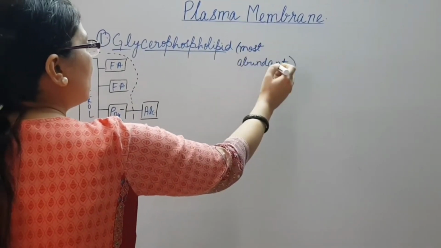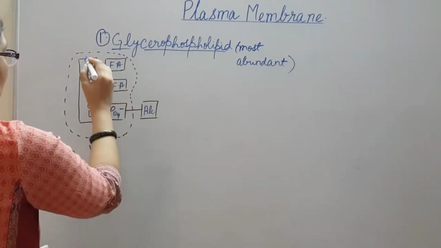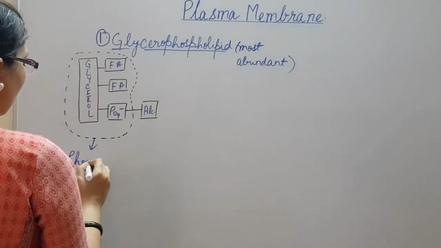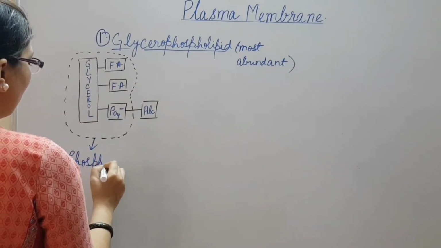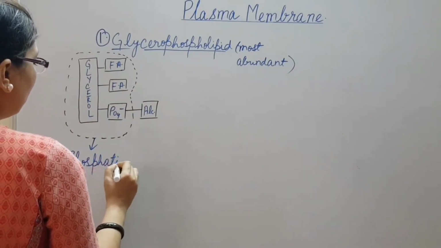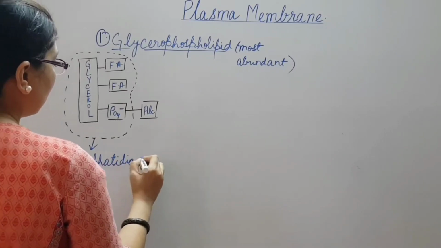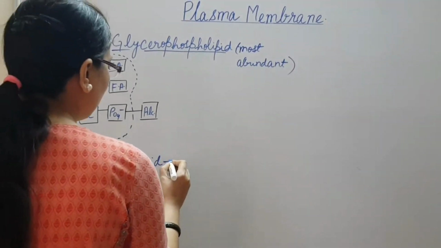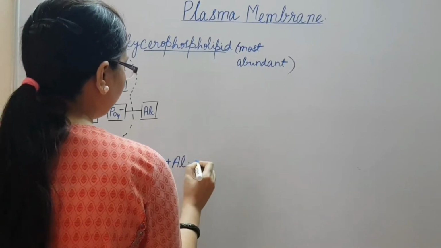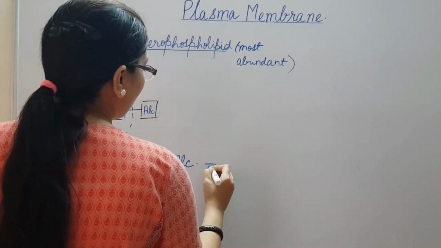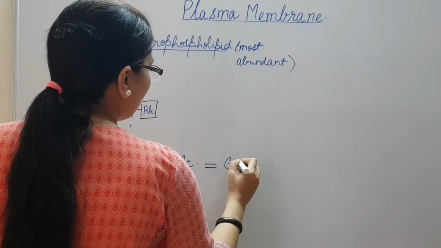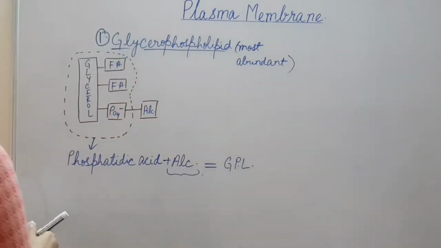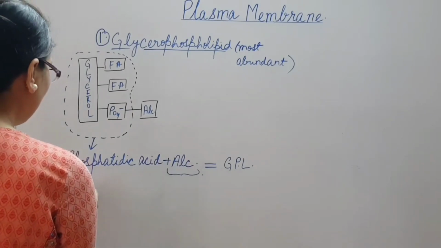Glycerophospholipid is the most abundant phospholipid in plasma membrane. Glycerol, two fatty acid chains and phosphate together are known as phosphatidic acid. This phosphatidic acid plus alcohol forms glycerophospholipid. Depending upon the alcohol, the names are given.